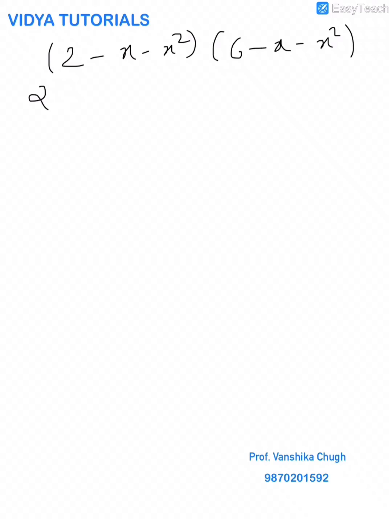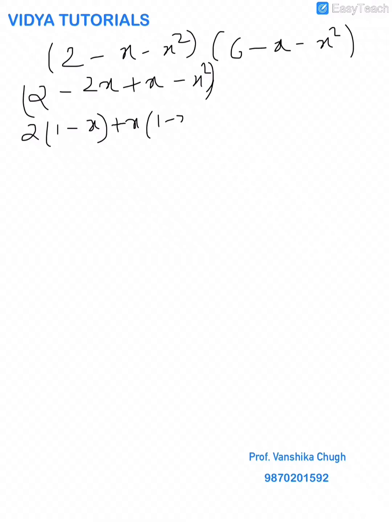Now here the minus sign will go with the greater number, minus 2x plus x, the smaller number will get the reverse sign, minus x square. I have my two brackets, 2 common, 1 minus x, and here also x common, 1 minus x. I get my two brackets as 2 plus x and 1 minus x.